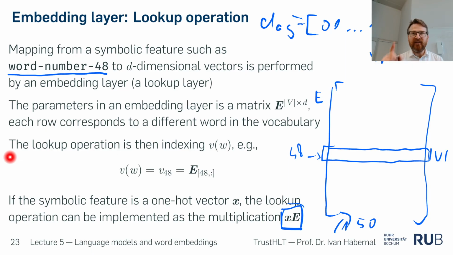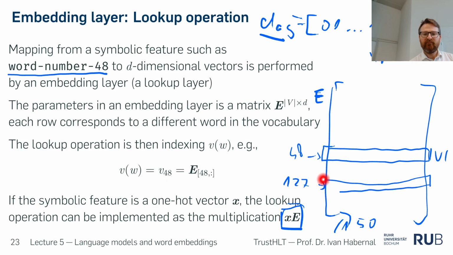Exactly. That's the point. So now we have the embeddings matrix which we trained, and we see here the vector for 48, which is dog, and the vector for 127, which is, I don't know, a cat. We can compare these two vectors and see whether they are similar or not.